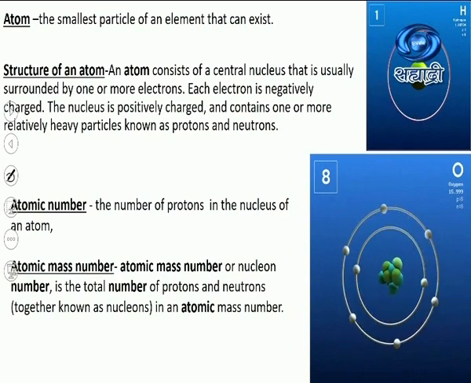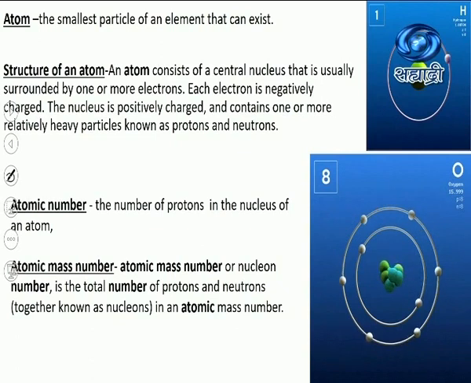Each electron is negatively charged. The nucleus is positively charged and contains one or more relatively heavy particles known as protons and neutrons. The basic structure: at the center, the nucleus is there. Inside the nucleus, protons and neutrons are present, and this nucleus is surrounded by electrons, as you can see in this picture.